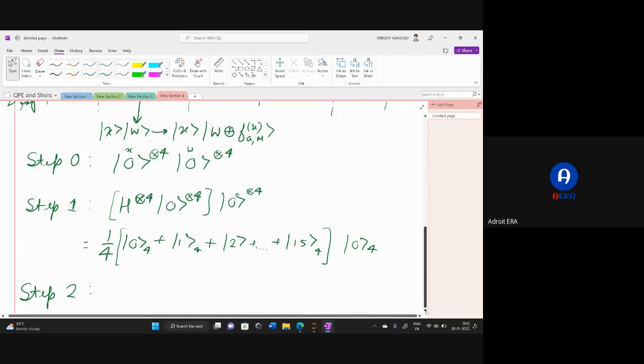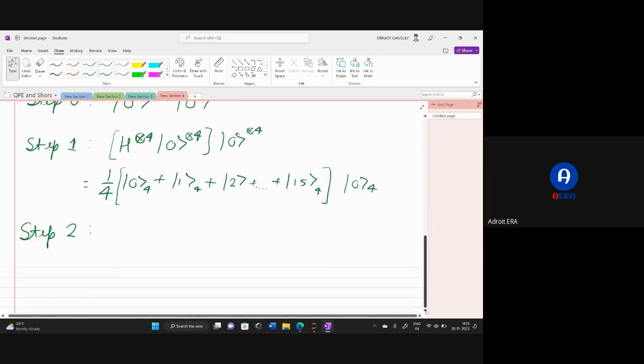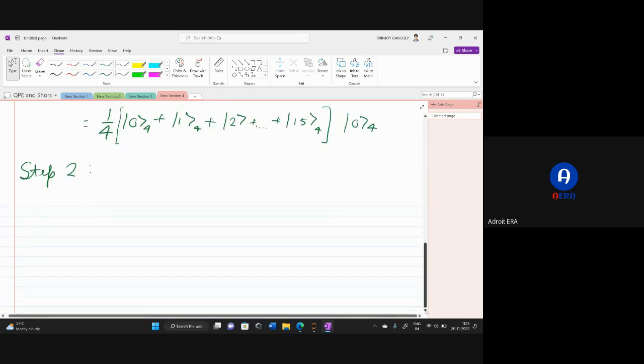So therefore we should try to apply that in step 2. So how are you going to apply it? Let us see now. Look at this step very carefully. Okay, this is important. 1 by 4, ket 0 tensored 4.